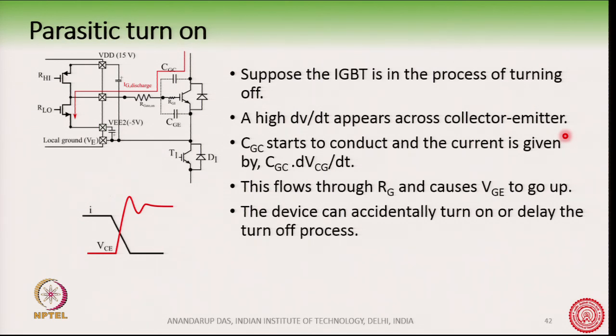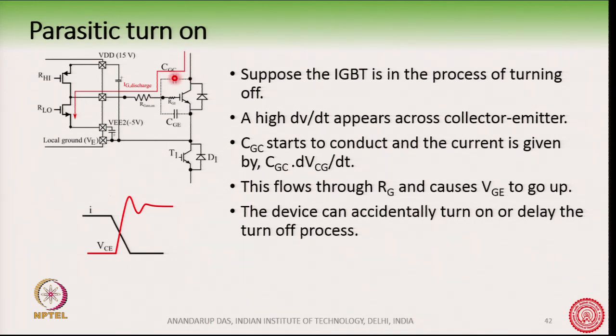And so, this high dV/dt, and there is a capacitance here, and this high dV/dt on this terminal along with this capacitor, it will cause a current to flow. Okay. So, what is the current flowing? CGC times dVCG/dt.